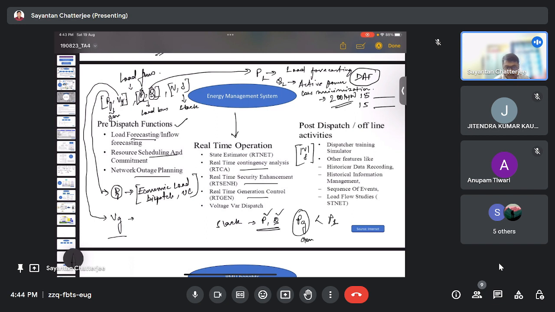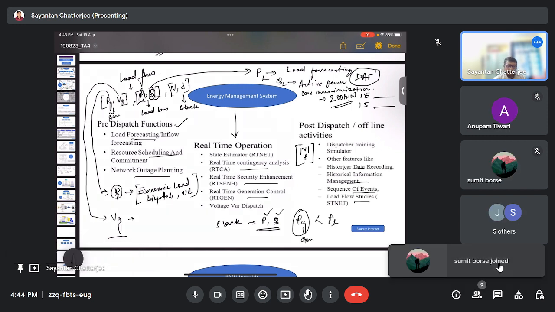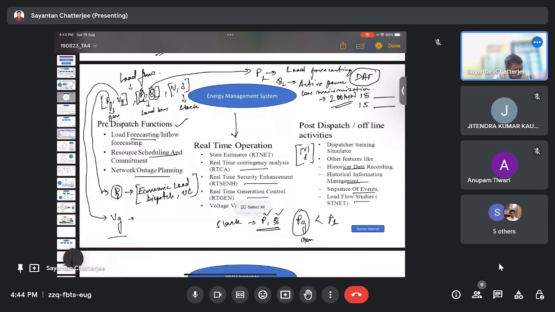Real-time generation control, automatic generation control, scheduling control and dispatch are done. Post-dispatch activities are mainly data recording, historical management, sequence of events and load flow studies. So these are the main purposes of the energy management system.